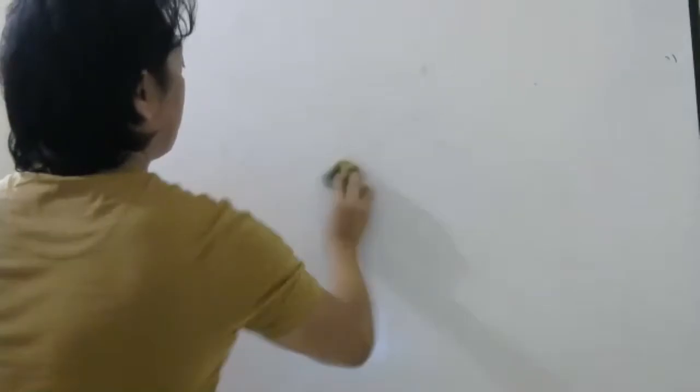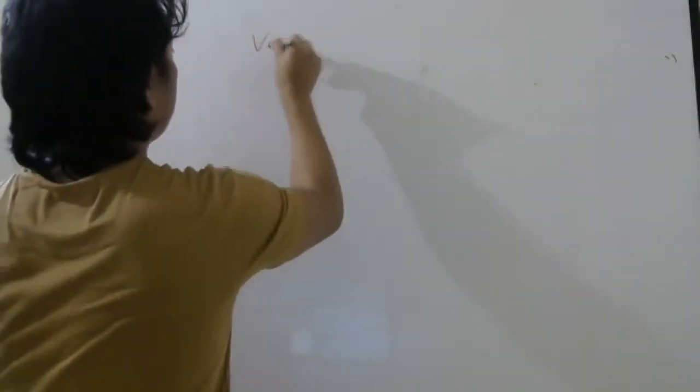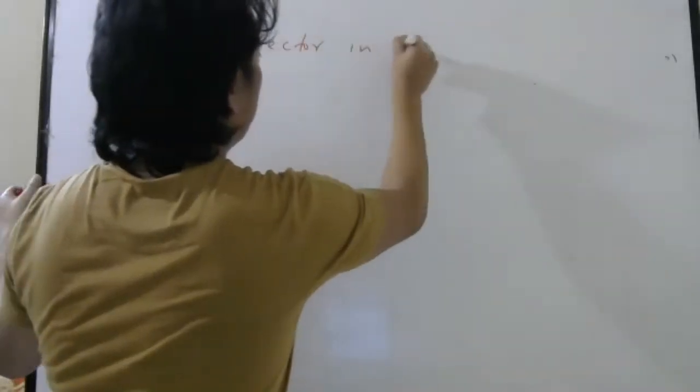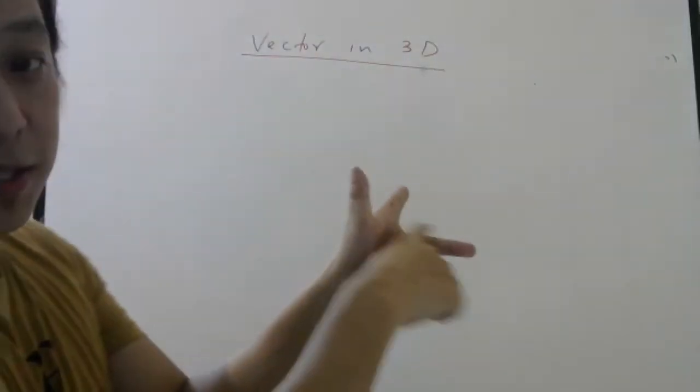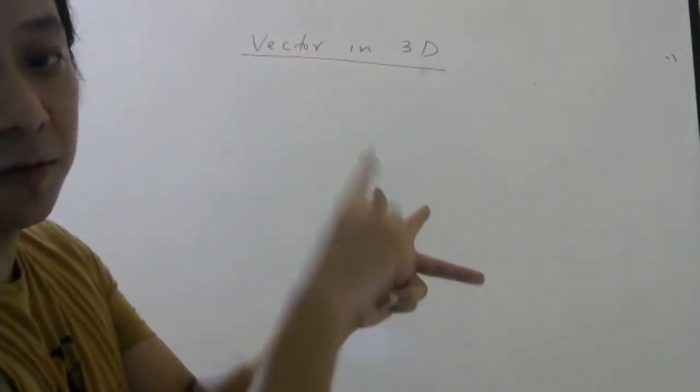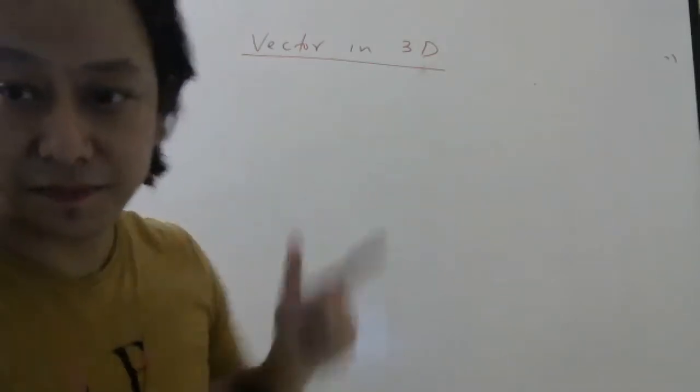Now, I will try to explain vectors in 3D. Till now, whatever vector I took was in the xy plane. So x was here, y was here, like this, and the vector was on the plane. But it is possible, this is your x, this is your y, and this is your z.